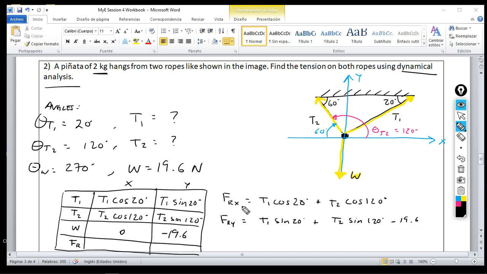Okay, and we have these components. Now how do we get the resulting force, or what's to be done next?